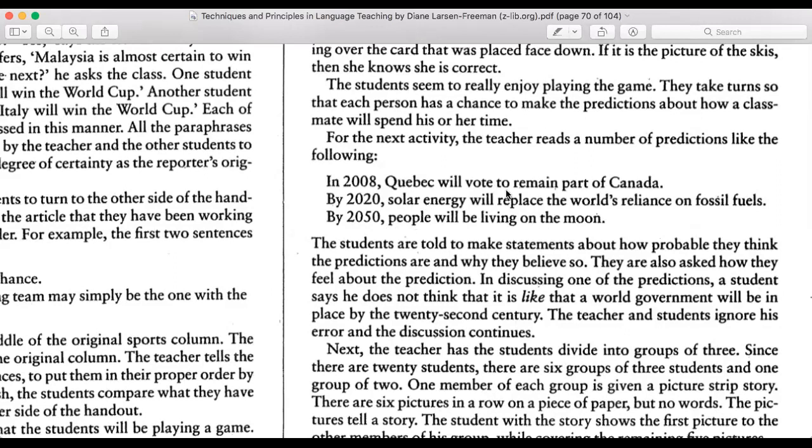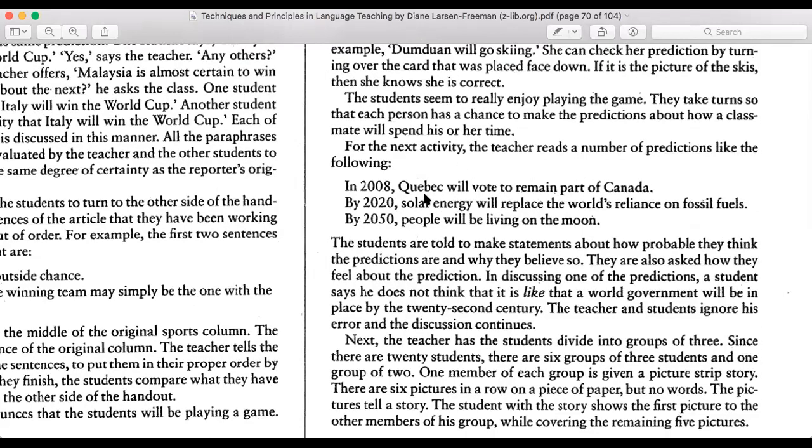See, by 2050, people will be living on the moon. Now, what is the teacher doing here? These are not taken from any newspapers or any of the columns, right? The teacher just uses them for teaching. She hasn't taken them from anywhere; she herself gives these predictions to the students for discussion purposes.